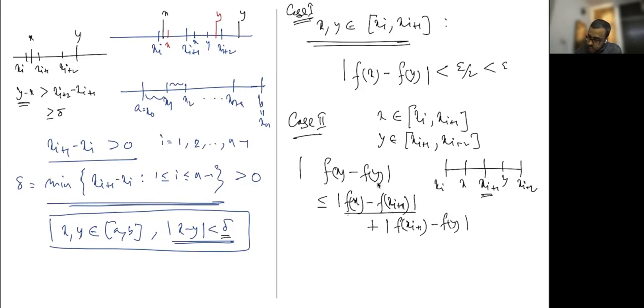Now that same theorem and your choice of the partition will tell you that this is less than epsilon by 2 plus epsilon by 2, which is epsilon. So in either case, the difference f(x) minus f(y) is less than epsilon.